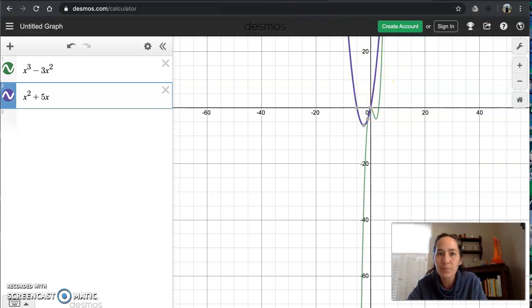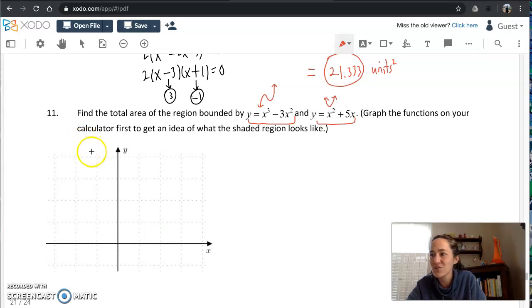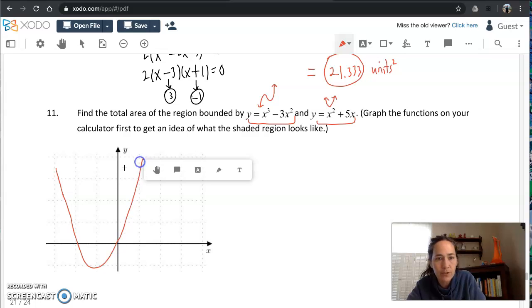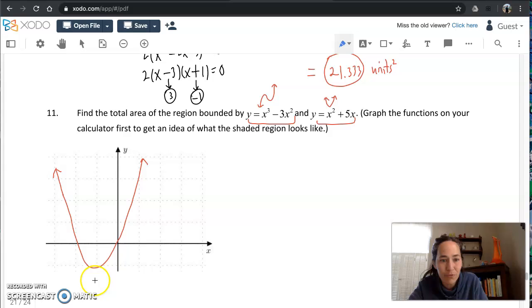I want to draw a simplified version of this on your packet as I show you the setup. So you have, and I apologize for my artwork here, a parabola that opens up, goes right through the origin. That's your one curve. The other one, and this is not drawn to scale by any means, is an S-curve that hits this parabola 3 times.